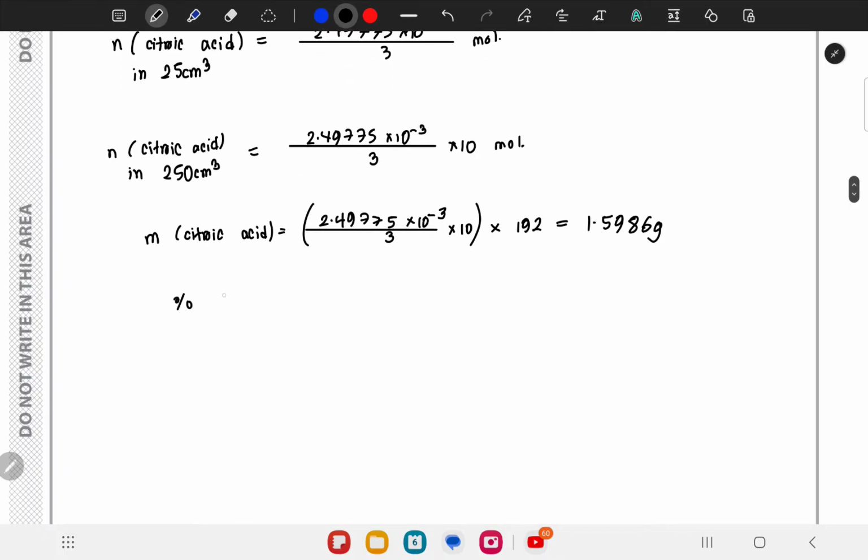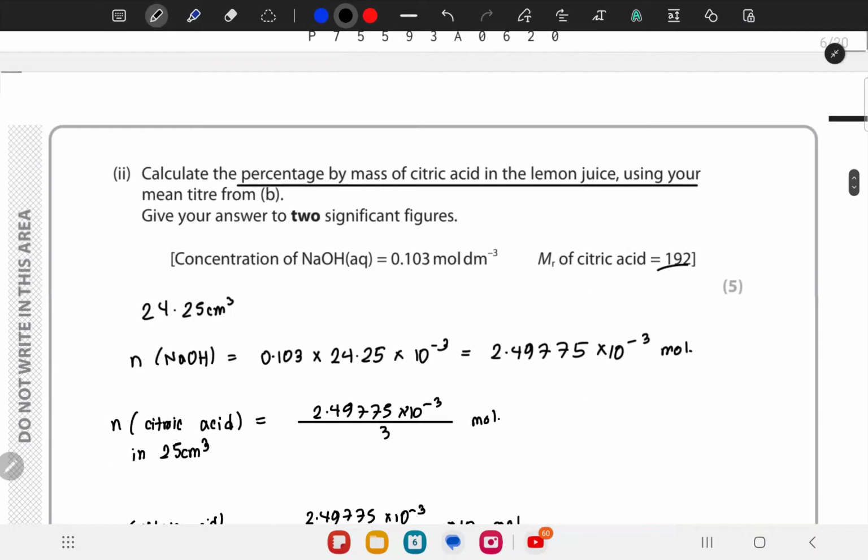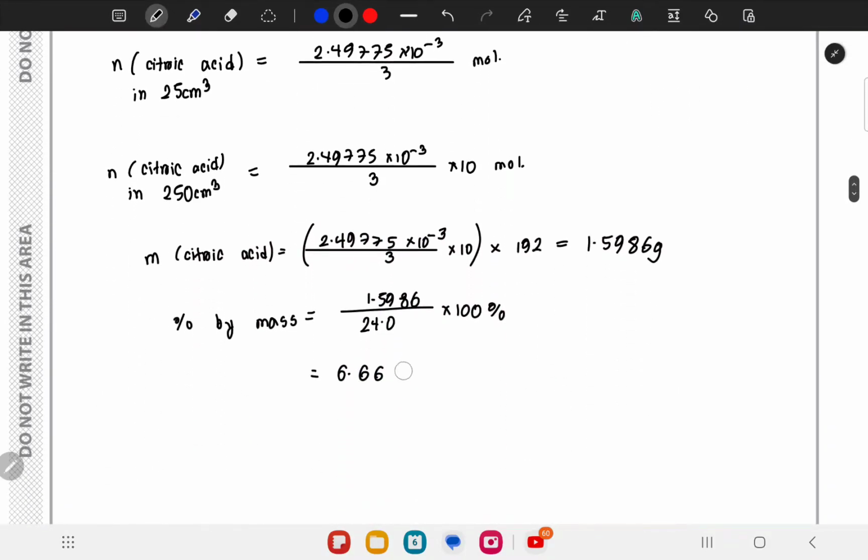So the percentage by mass, 1.5986 divided by 24.0 times 100, we get a value of 6.66%. We were asked to give it in 2 SF, so 6.7%.